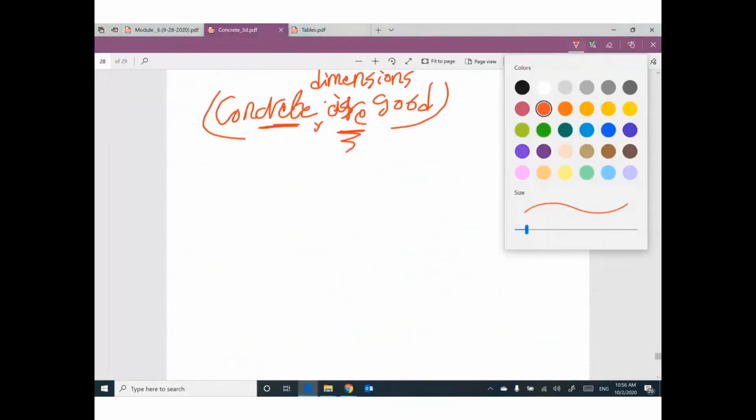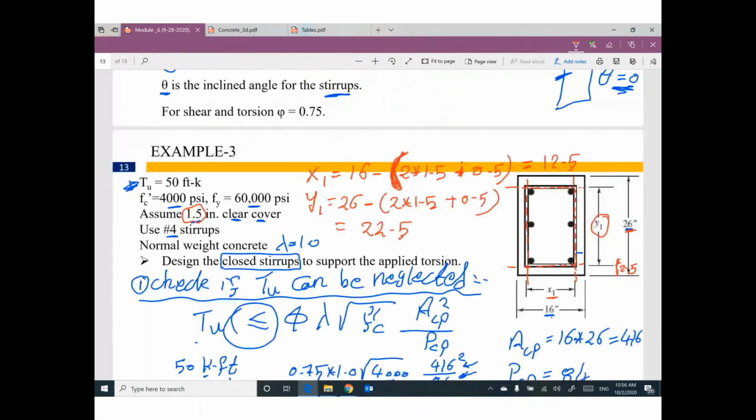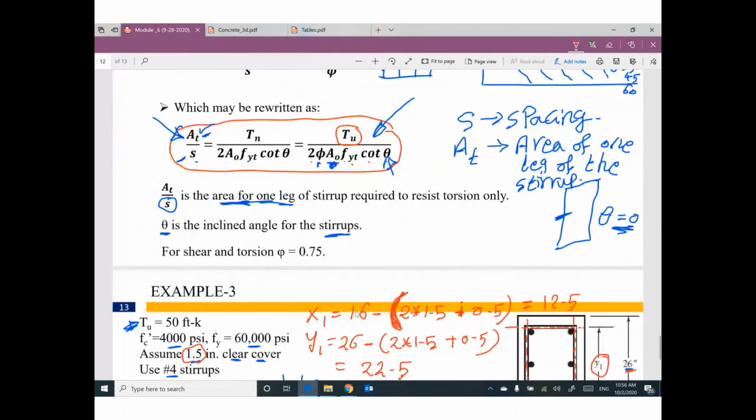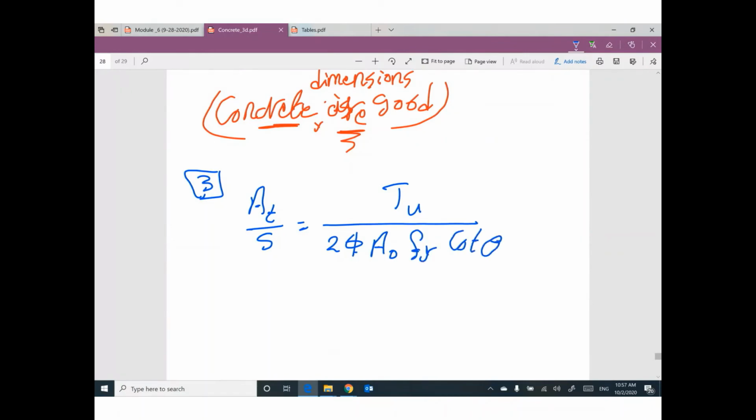Third and the last step. Very easy. Go ahead and use this equation, which is area T divided by S equals T ultimate divided by 2 phi area node F yield cotan theta. I believe your stirrups will be vertical stirrups.